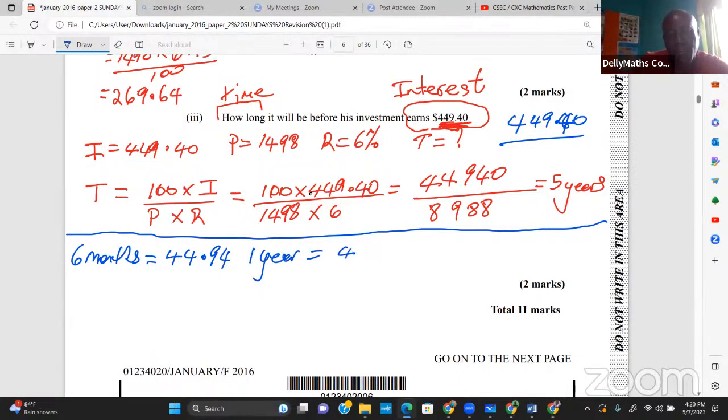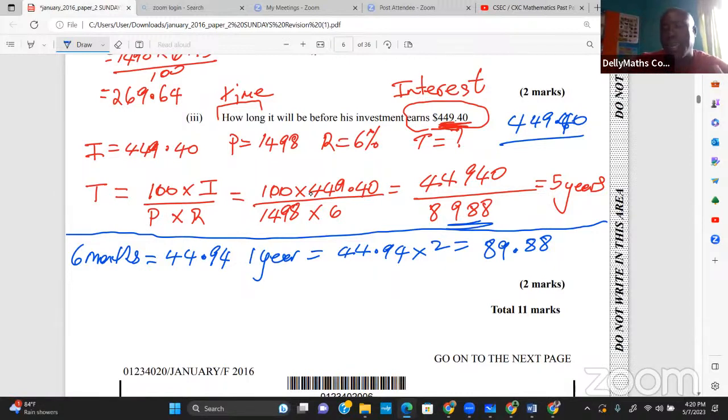Or I could turn the 6 months into 1 year. I'm just showing you there are so many ways. I could multiply this by 2 and turn it into 1 year. And then look at this number. Does it look familiar yet? So I turn it into 1 year, and we're seeing $89.88 per year.